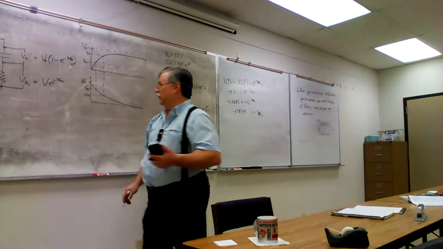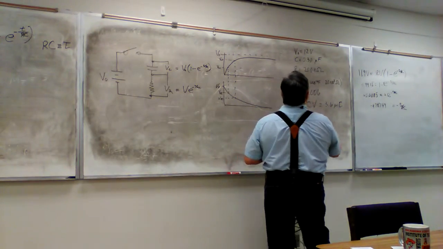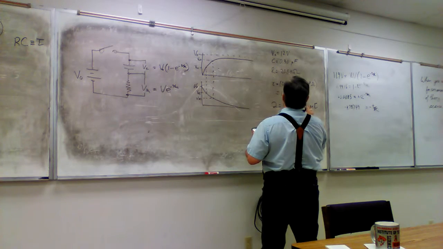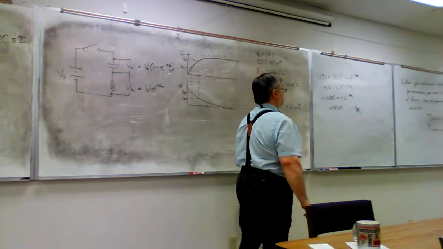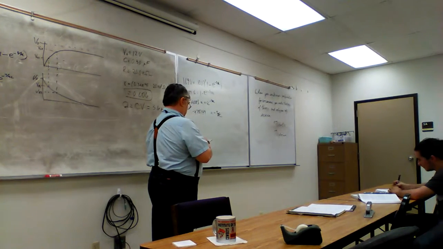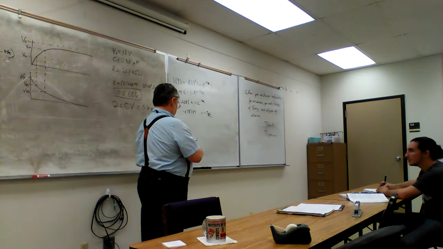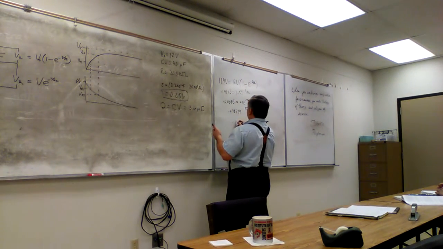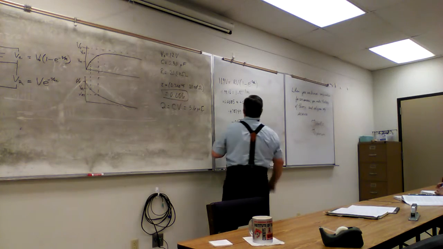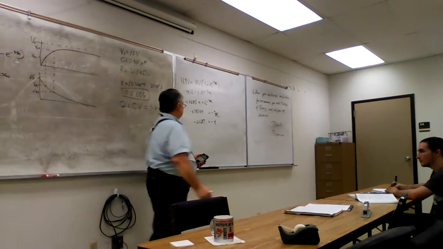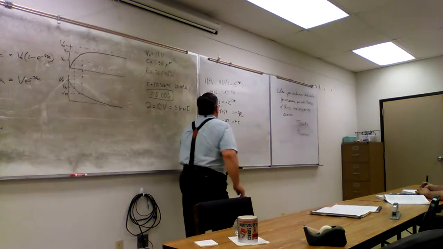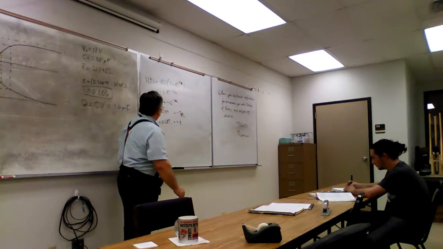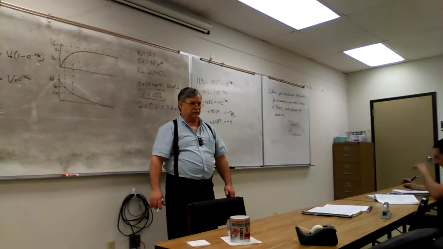Well, we know the time constant RC is what? We figured that out a minute ago. 0.006. Right? That gives us minus 0.0287 equals minus t. We can get rid of the minuses. That many seconds, that's 28.7 milliseconds.